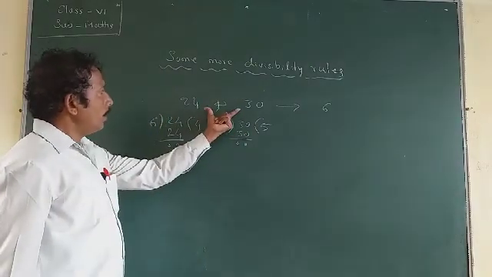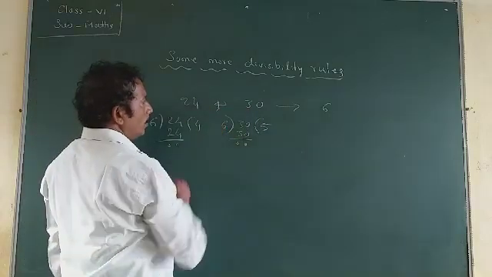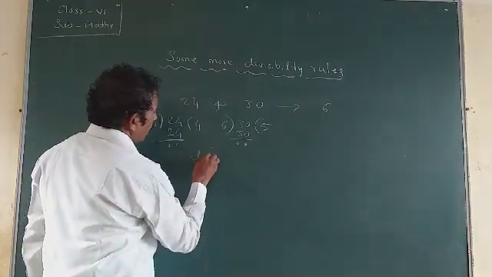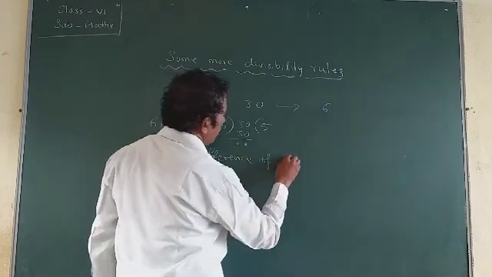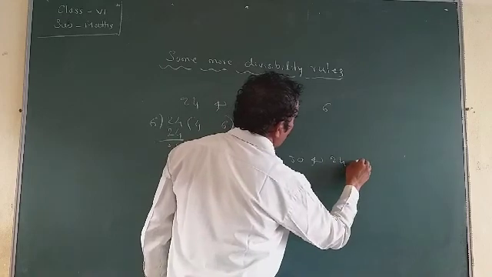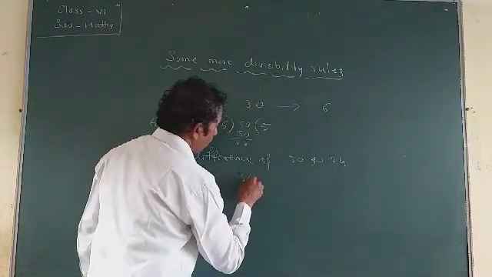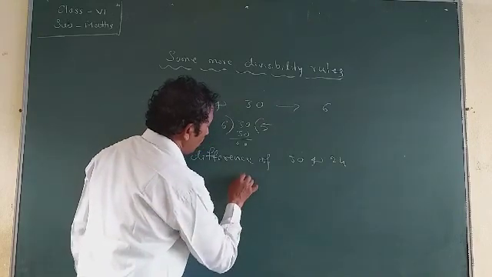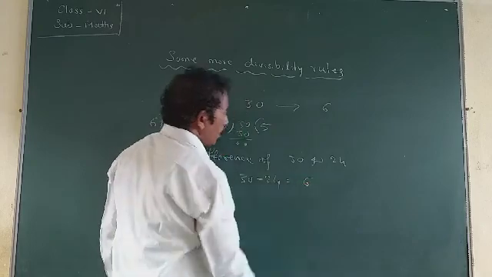Now, find the difference of these two numbers. What is the difference of 30 and 24? 30 minus 24 is equal to 6.